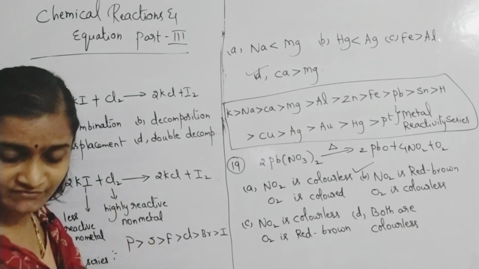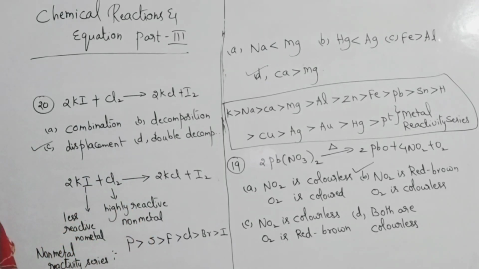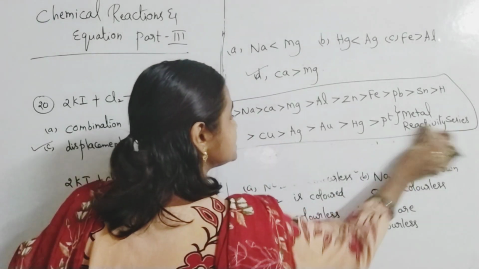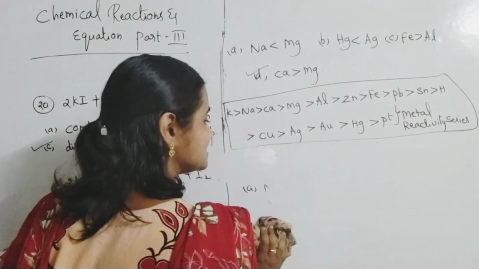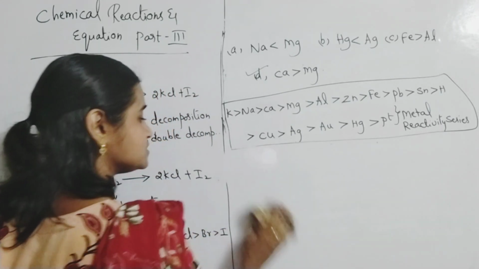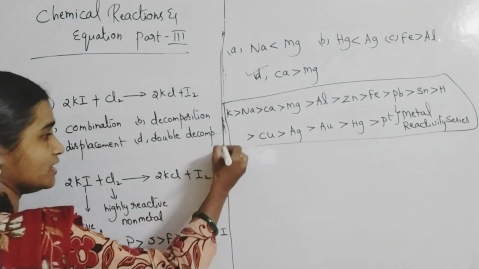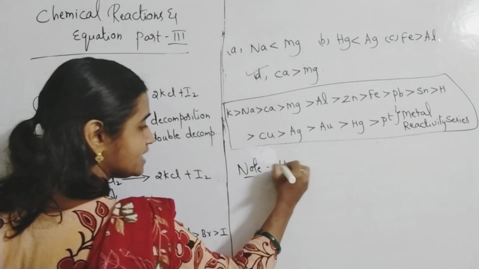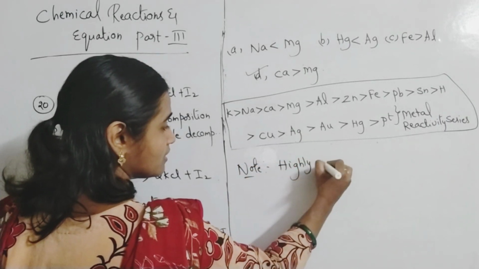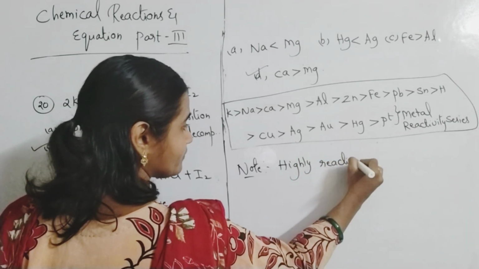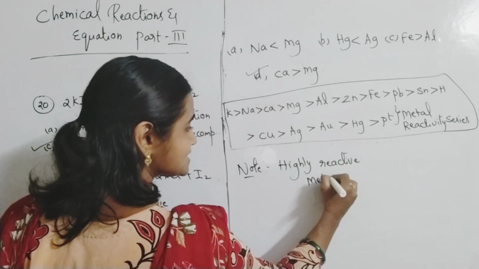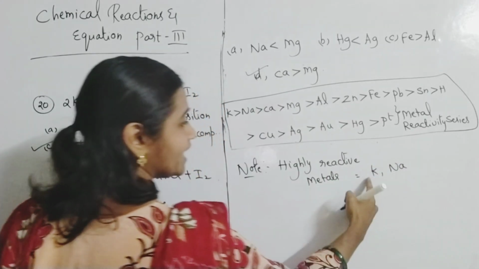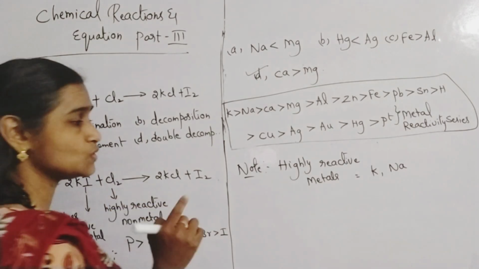Children mostly get confused with that, so please write it as a note point. Highly reactive metals are potassium and sodium. K means potassium, Na means sodium.